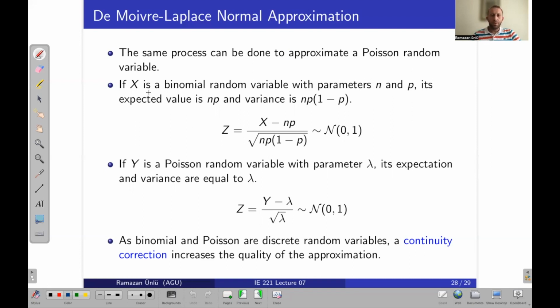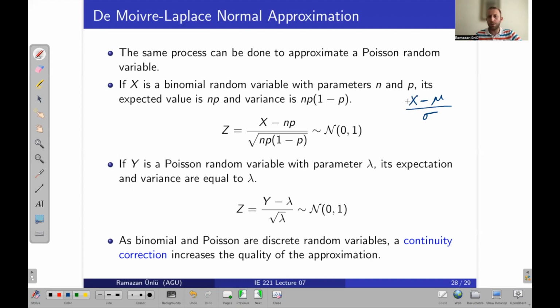So if X is a binomial random variable with parameters n and p, and don't forget the binomial distribution can be a sum of Bernoulli random variables, its expected value will be n times p, and the variance will be n times p times 1 minus p. How can we standardize that kind of random variable? Remember, the standardizing process was X minus mu divided by sigma, right?